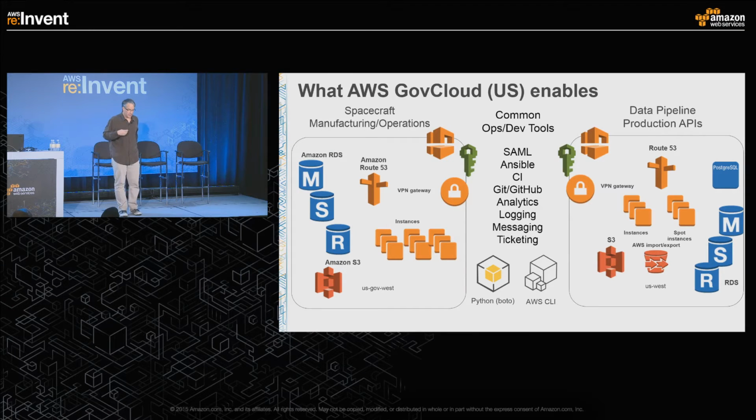So what our environment ends up looking like is that we run the spacecraft manufacturing and operations over in GovCloud, US Gov West, and then we run our production systems that work on the images in the regular US West 2 environment. So on the spacecraft side, we make heavy use of RDS. Postgres-based RDS is the back end of our database. I think at one point our database instance was a 3 terabyte database instance.